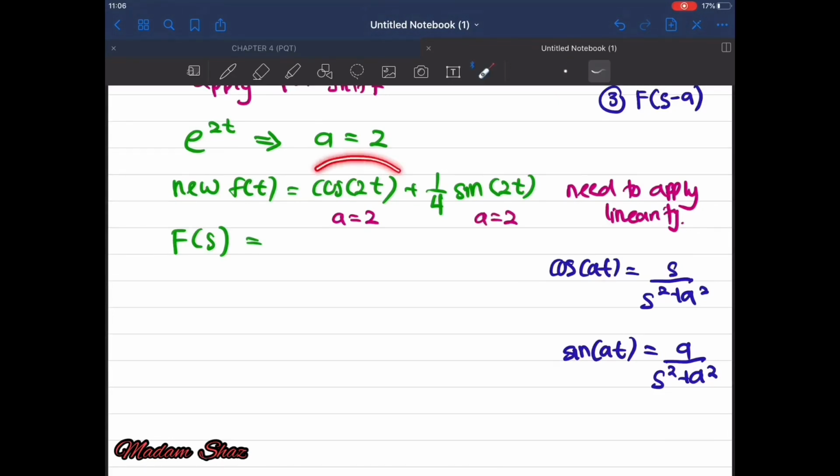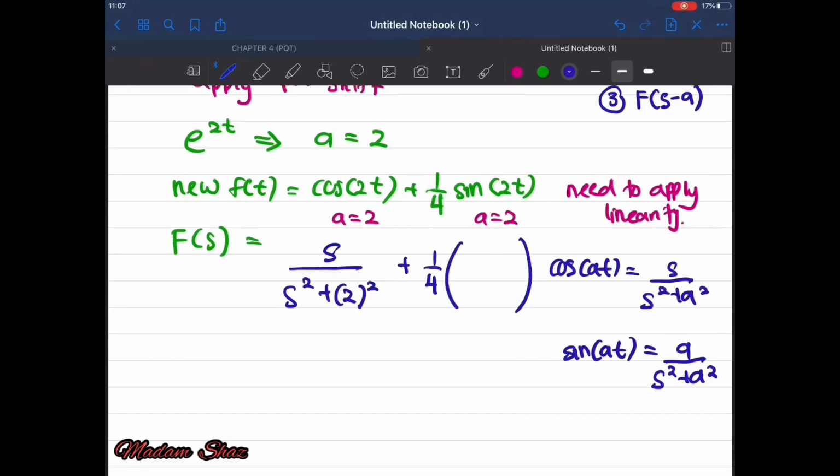Therefore, Laplace of cos 2t, we substitute s over s square plus a square: s over s square plus 2 square. Plus, we have 1 over 4, which is a constant, multiplied with sin 2t.